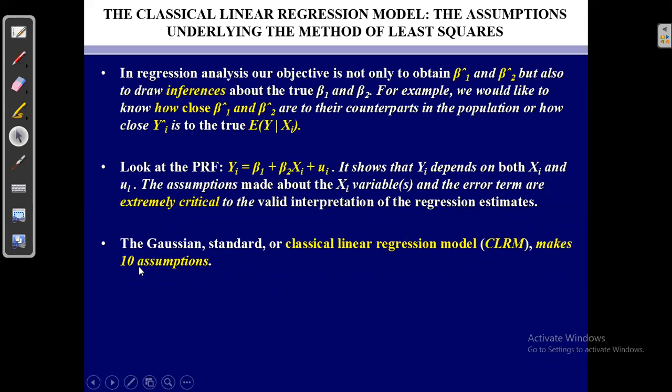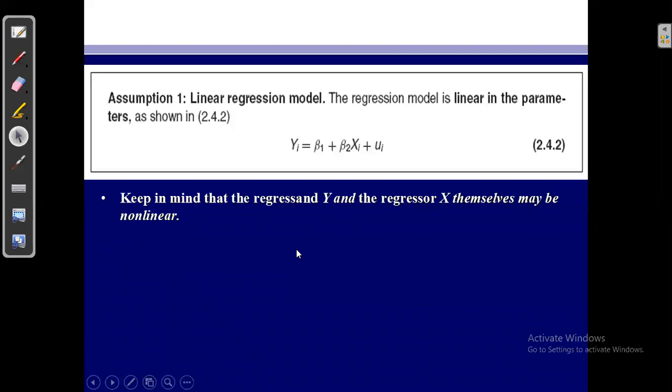Okay, so let us quickly discuss these 10 assumptions as quickly as possible. The first assumption is about the linearity of the parameters that we have already discussed in one of our previous classes. The first assumption is that the model is linear in the parameters. If you remember from our previous discussion, linearity in the sense of regression model actually requires that every parameter in our model, like every beta in our model, occurs with a power of 1.